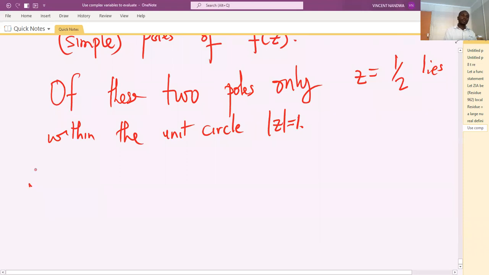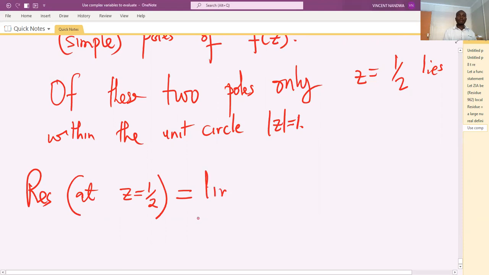So residue at z equals a half, by definition, is the limit as z approaches a half of z minus a half multiplied by f of z.